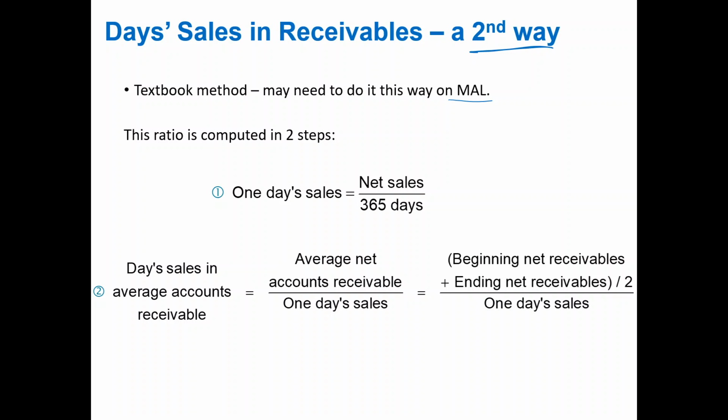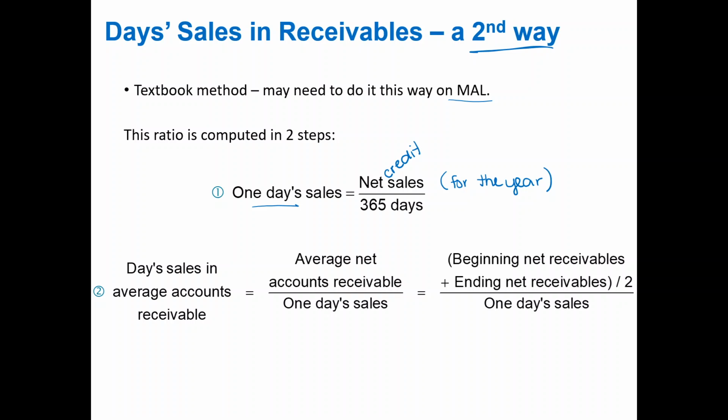In this second way, it still takes two steps to calculate this. First step, you figure out one day's sales. So you take net credit sales for the year and divide it by 365.